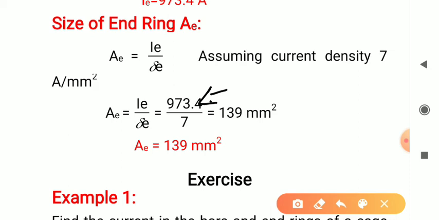Again, in the previous lecture I told you, if the current density of the end ring is not given, you can assume between 4 to 8 ampere per millimeter square. So let me assume the current density is 7 ampere per millimeter square. Then we get 973.4, the current in the end ring, divided by 7, the current density, which becomes 139 millimeter square. So the size of the end ring becomes 139 millimeter square.